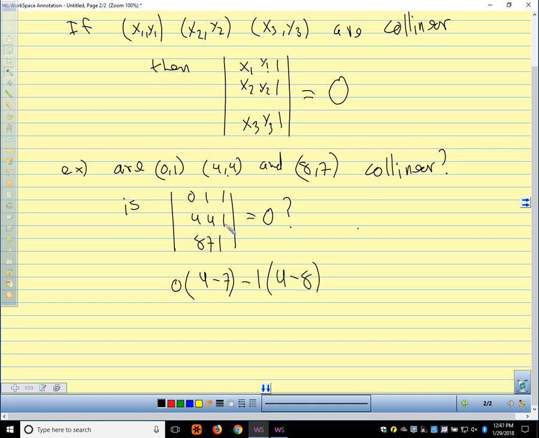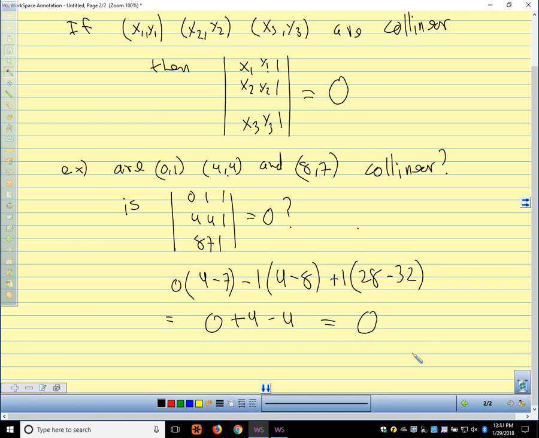So 4 times 1 minus 1 times 8. And then plus 1, cross out that row and the third column: 4 times 7 is 28, minus 8 times 4 is 32. That's 0. 4 minus 8 is negative 4, so plus 4. 28 minus 32 minus 4 equals 0.